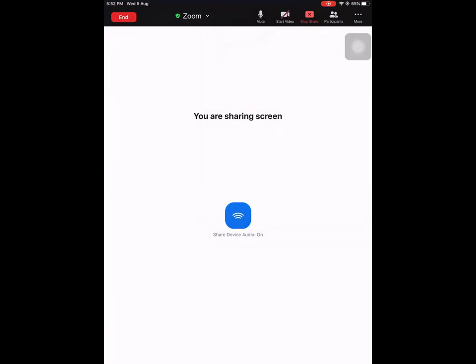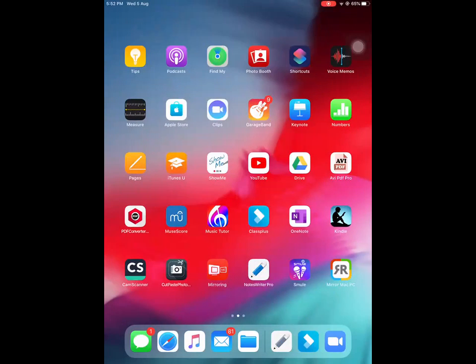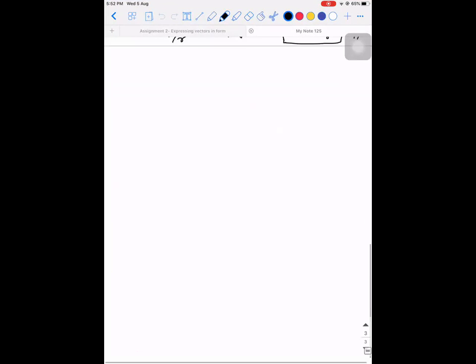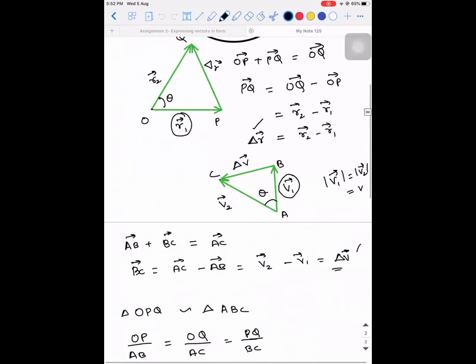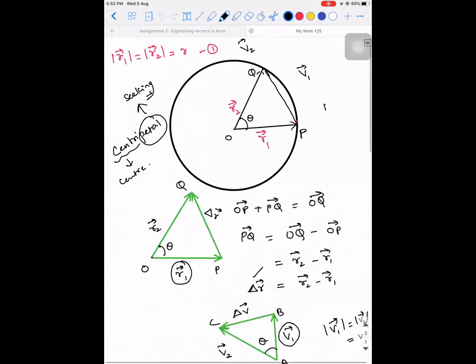After the class, you can send it to me. I will have a look and I'll explain it. Because if they taught in that method, then I will teach in that way. But this is the book method. That is why I had to go with this. This is the NCERT method. Some teachers explain this. Some explain using the process of differentiation. Okay, you send it to me. I'll have a look at it.